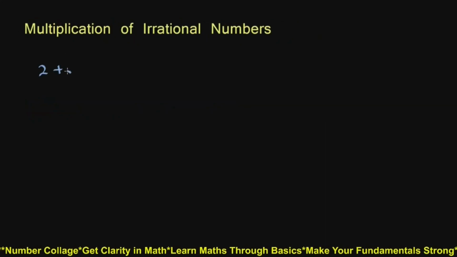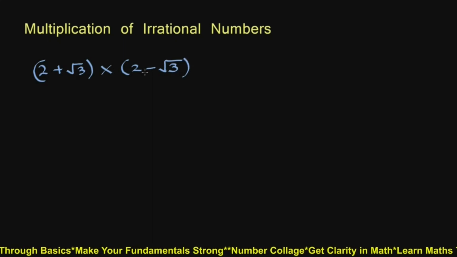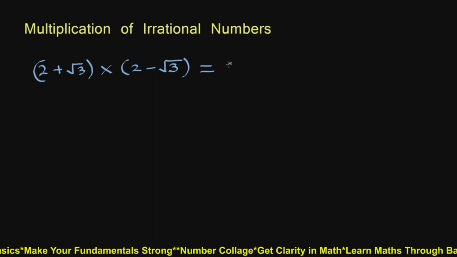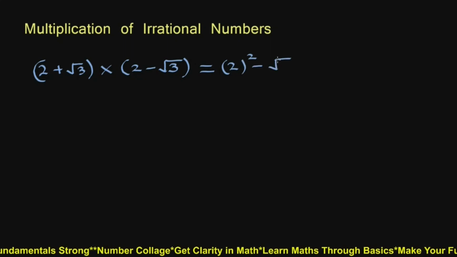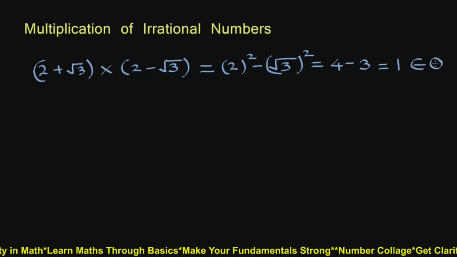2 plus root 3 and 2 minus root 3 are conjugates of each other, and their multiplication will be 2 square minus root 3 square, 4 minus 3, 1, which is a rational number.